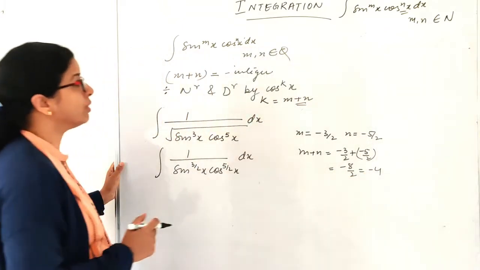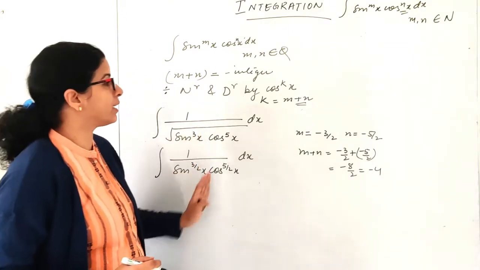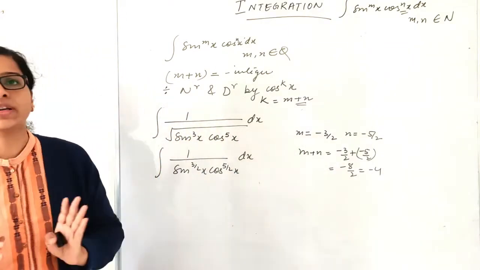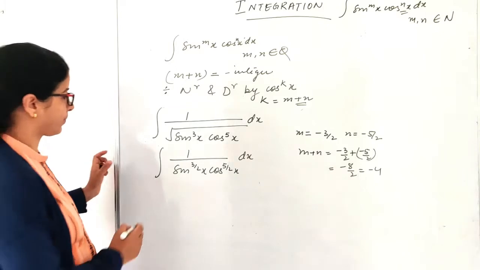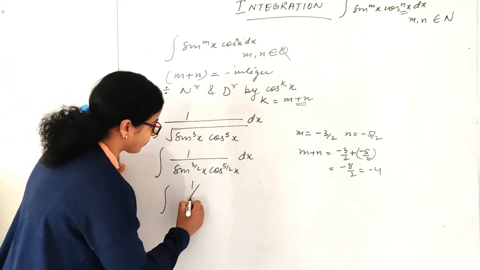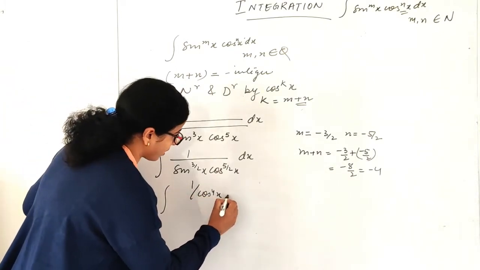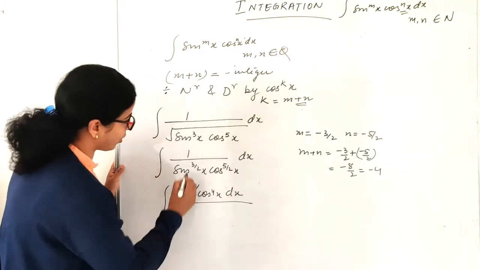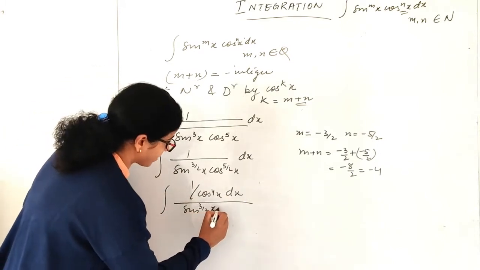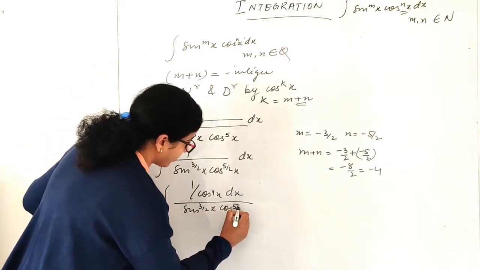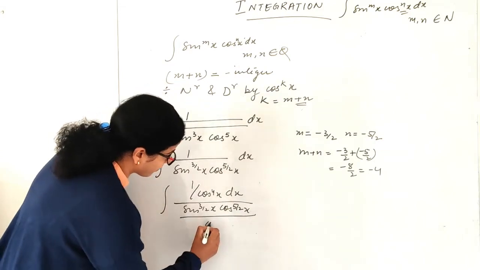So I am going to divide my numerator and denominator by cos to the power 4 x.